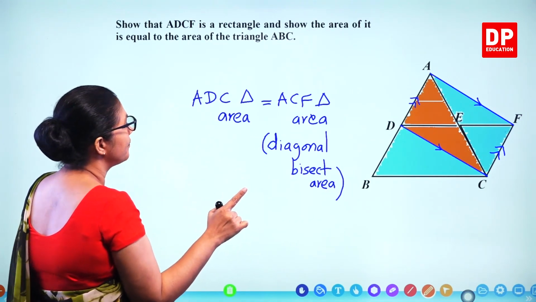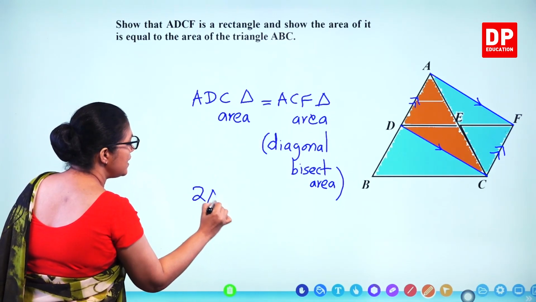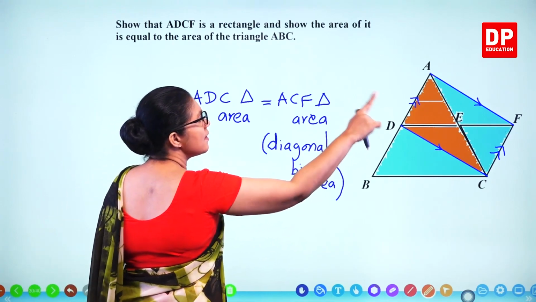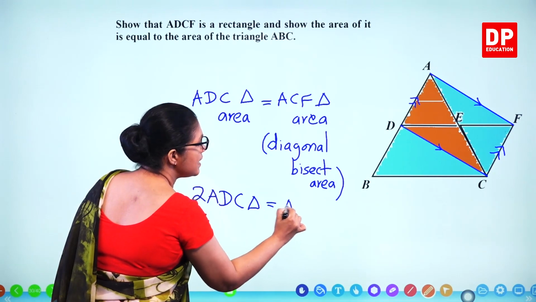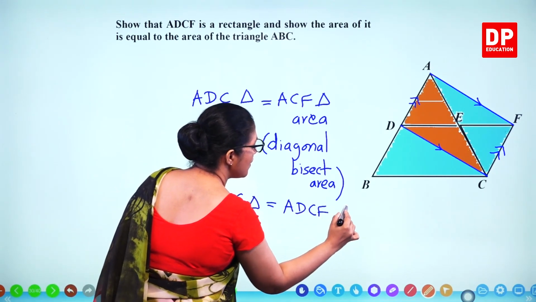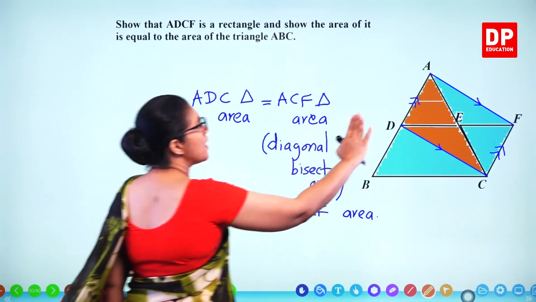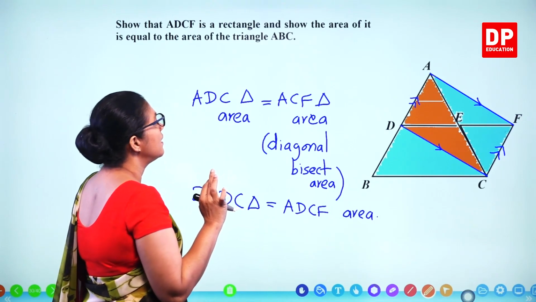That's equal. Then we can say double of ADC is the area of the rectangle, ADCF area. So when you multiply by 2, you get the area of the rectangle.